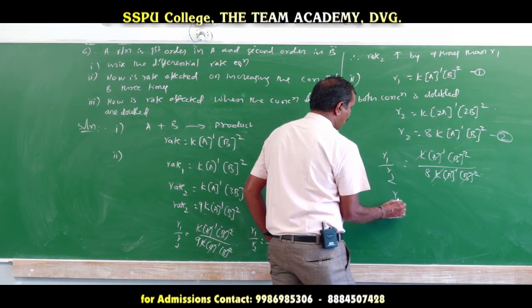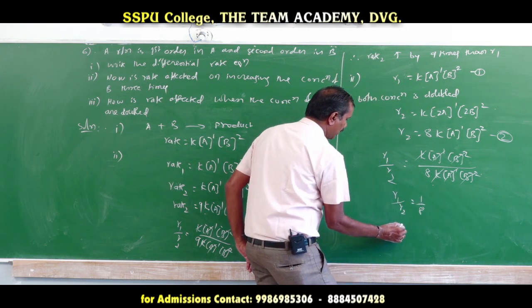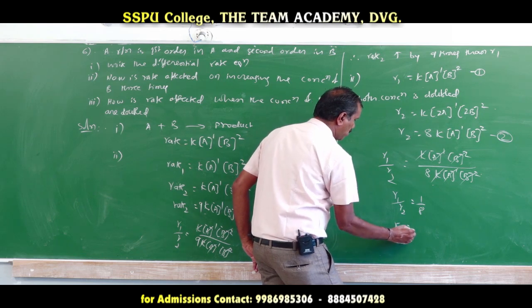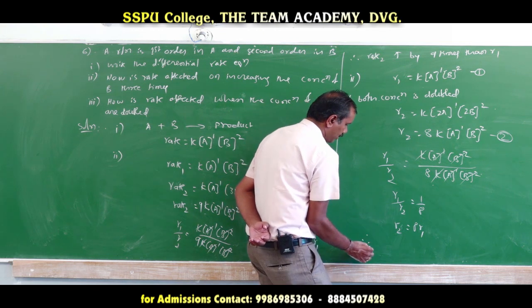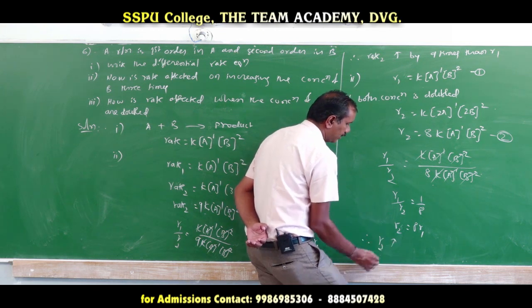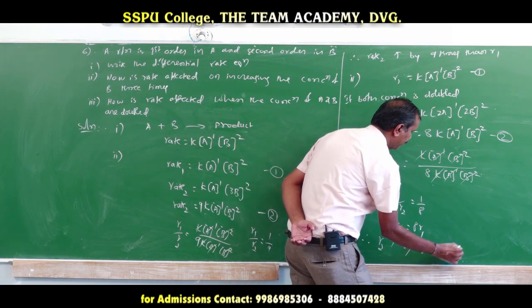Okay. R1 by R2 equals 1 by 8. Where R2 equals 8 into R1. Therefore, rate 2 increases by 8 times than rate 1.